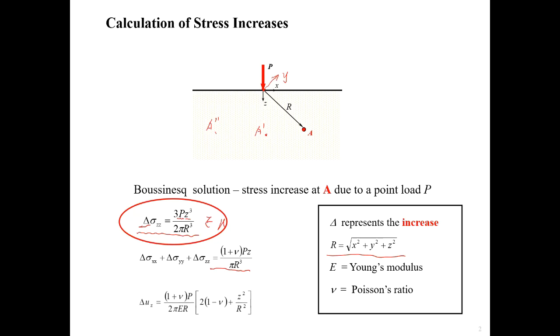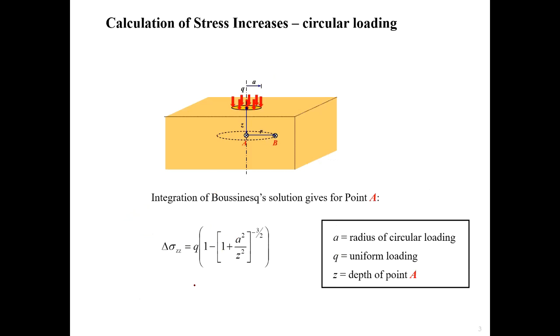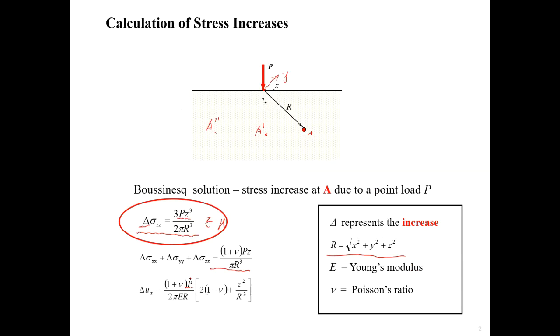And Boussinesq also developed a formula to calculate the displacement in the Z direction, ΔUZ, due to the applied load. It is a function of the applied force P, the soil properties, the Young's modulus E and Poisson's ratio mu, as well as the location of the point.